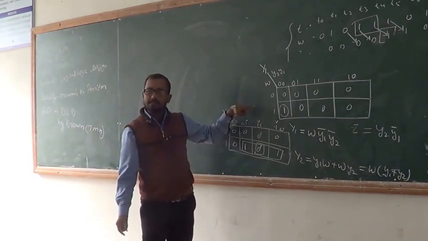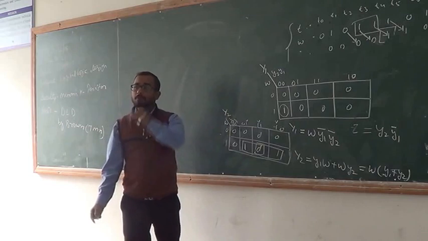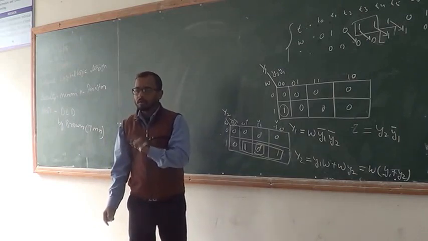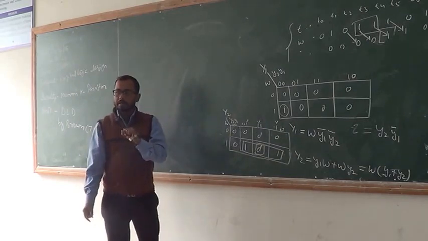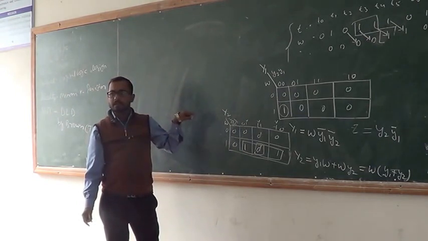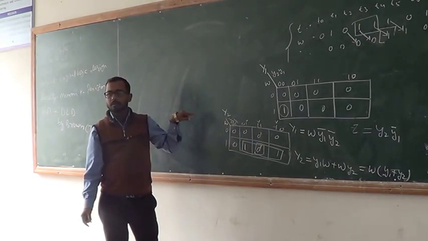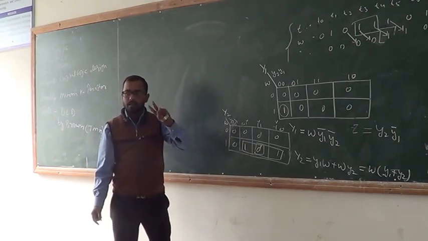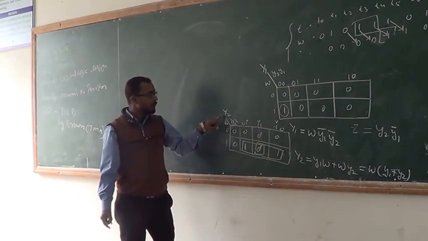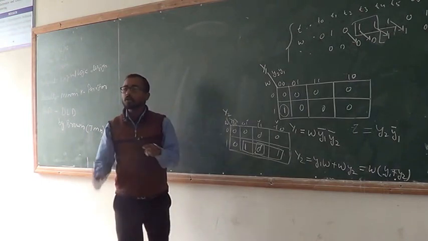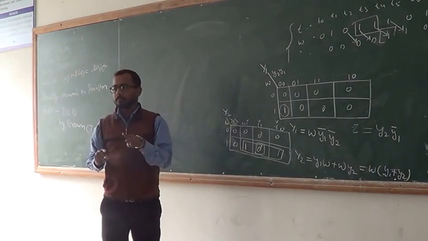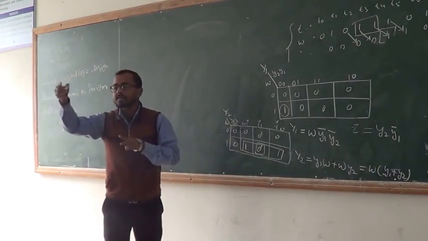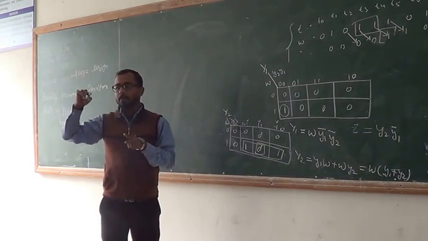Okay. So how many flip-flops are required? How many next states are there in this diagram? Two states. That means if you have 2 states, then you require 2 flip-flops. If you have 3 next states, then how many flip-flops are required? 3.